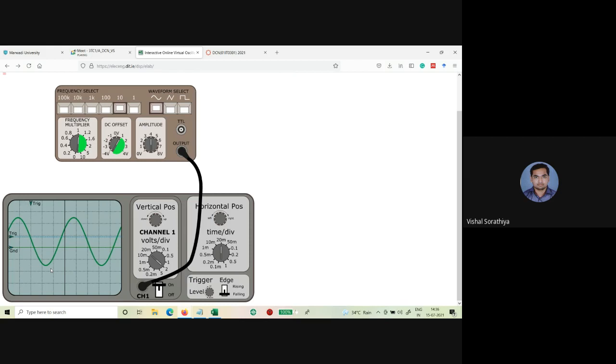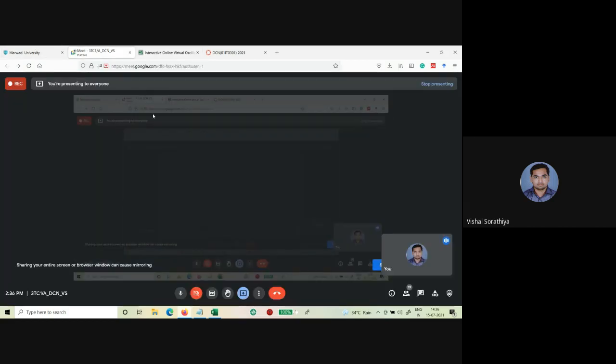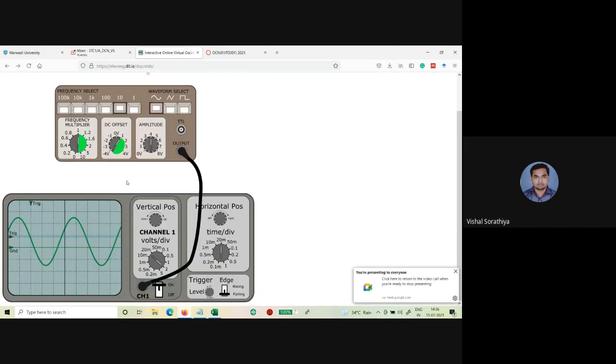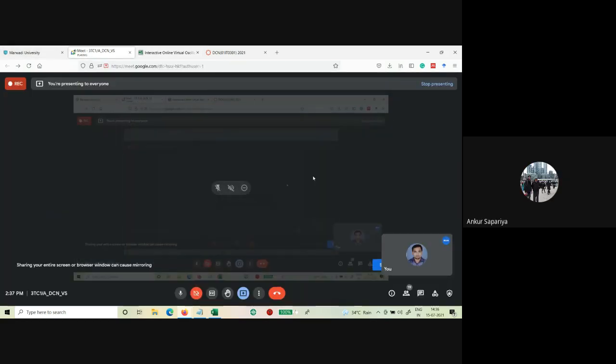Can anybody tell me which type of circuit is used to shift such a signal? As you have already studied in basic electronics, can anybody tell me which type of circuit is helpful to do such signal shifting? Clamper circuit. Which one?